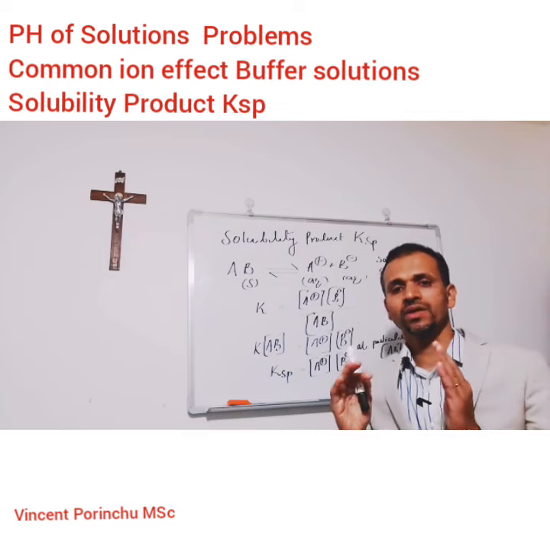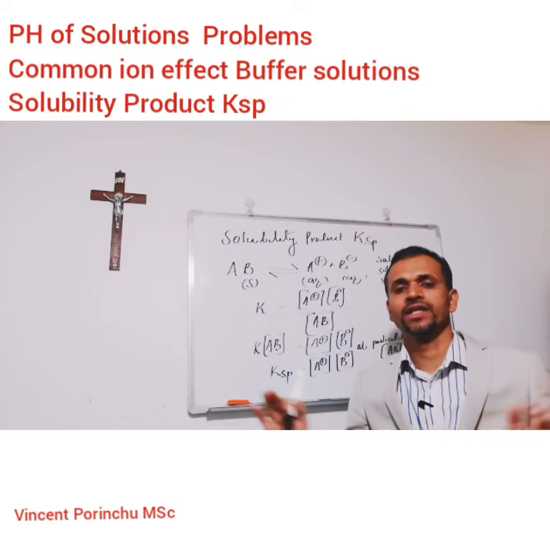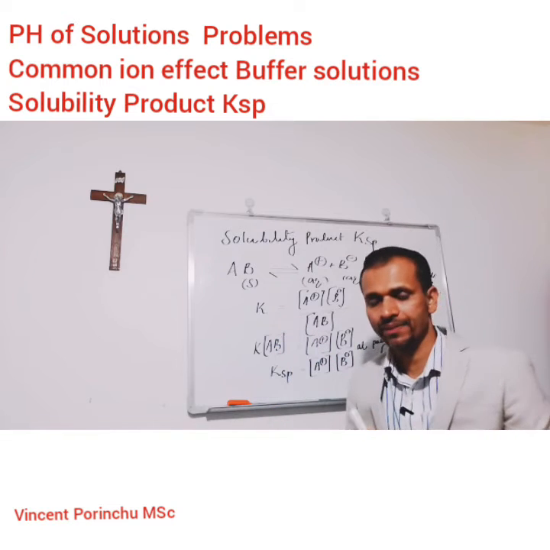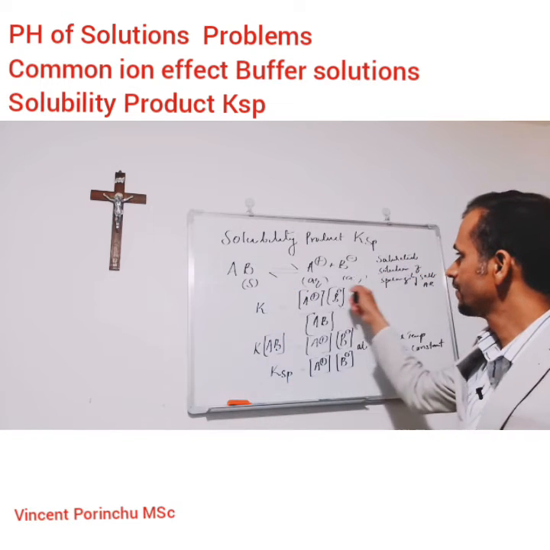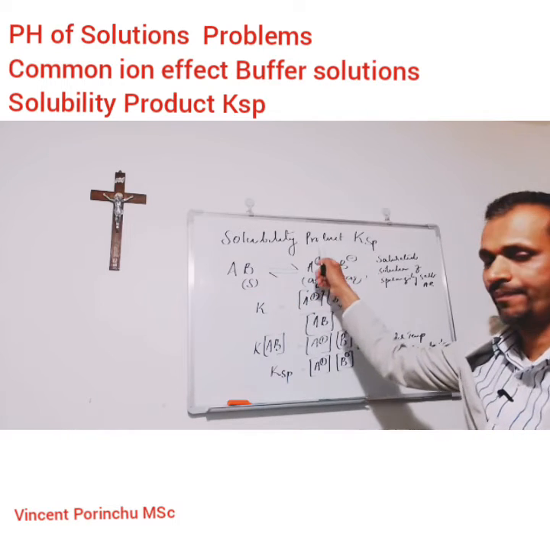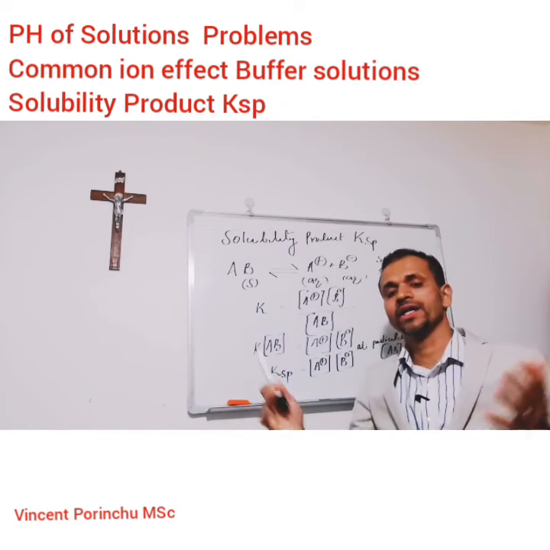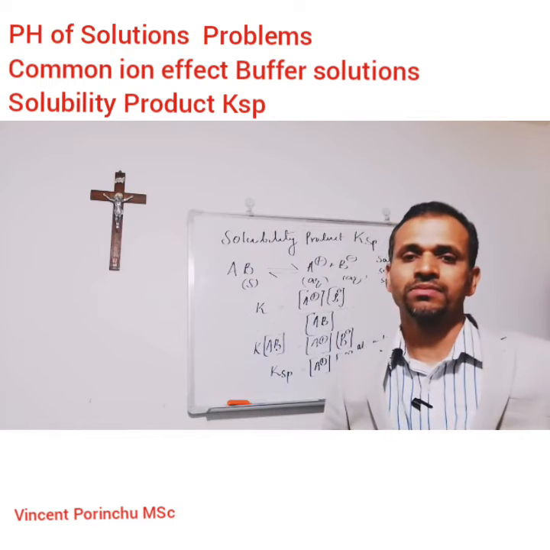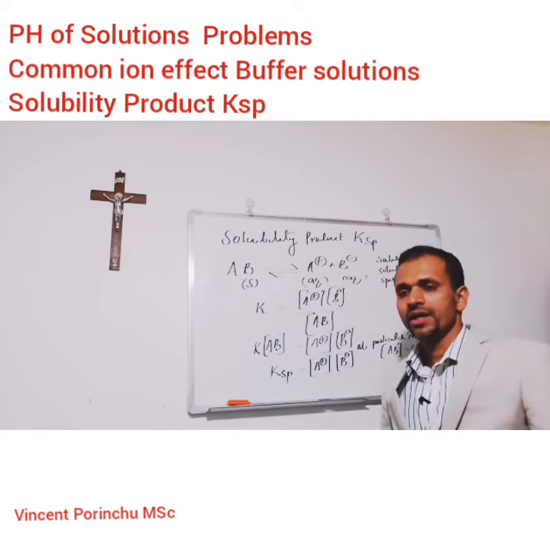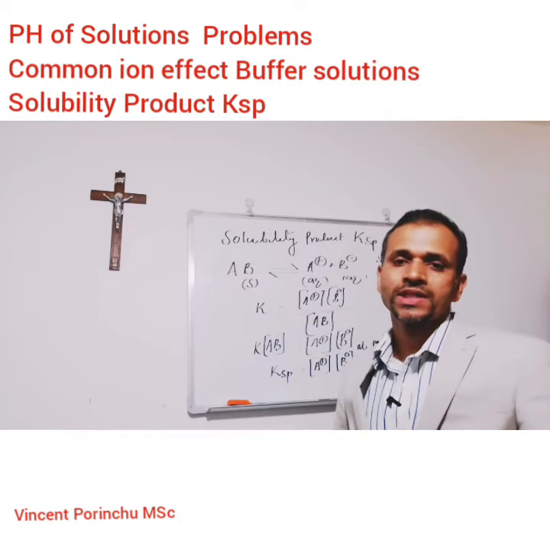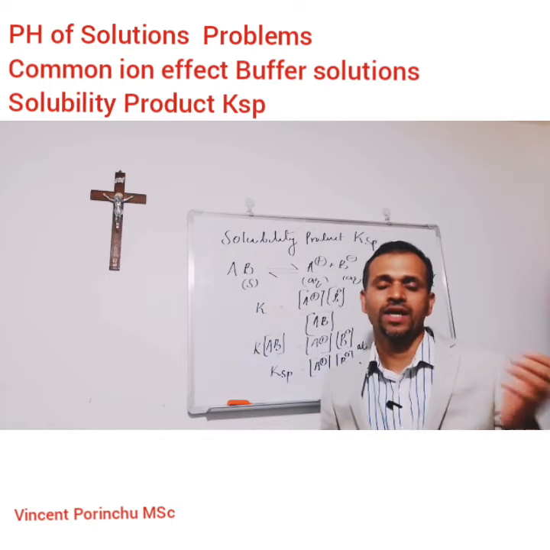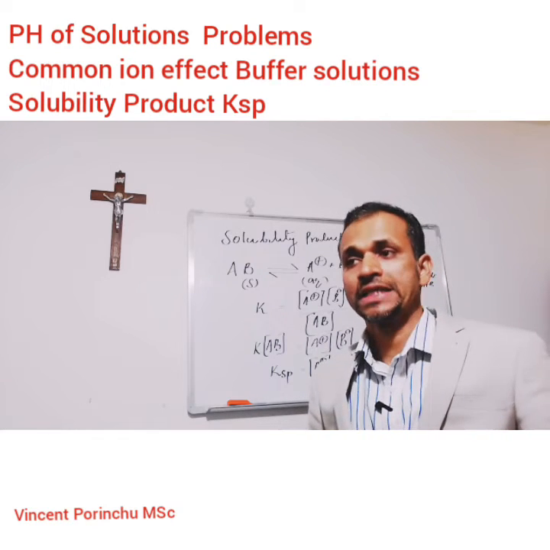After a particular time, an equilibrium exists between the solid state and the aqueous state. So here we apply the concept of the equilibrium constant, which we have seen earlier.